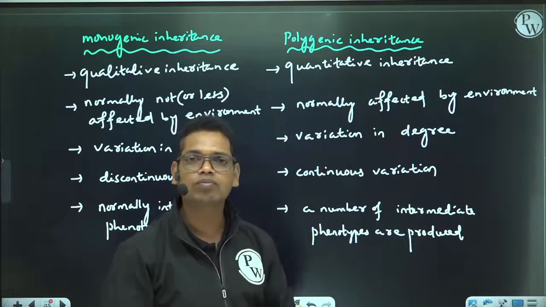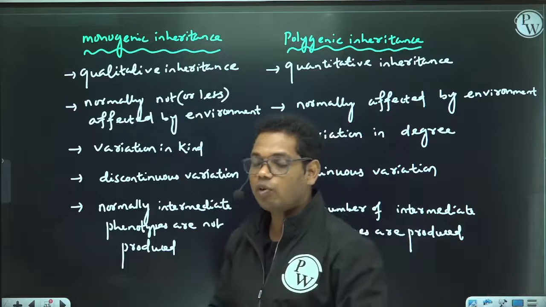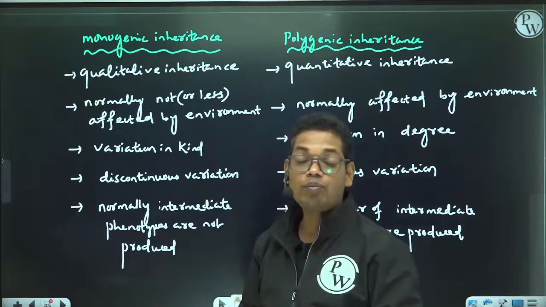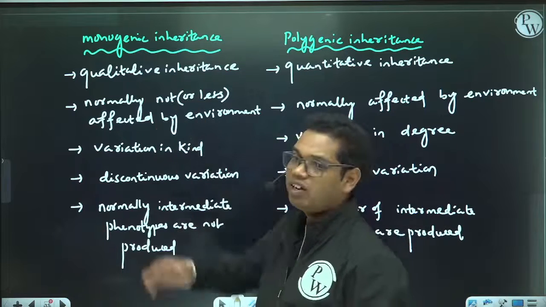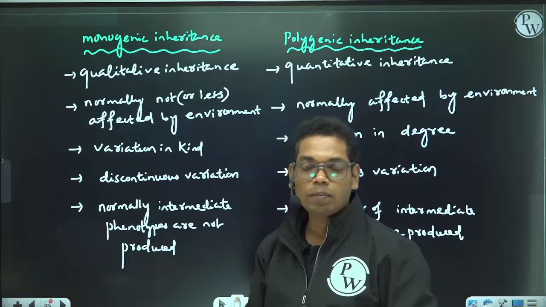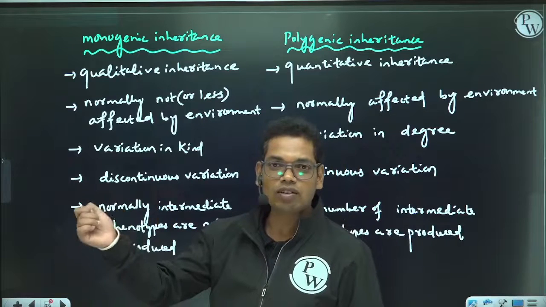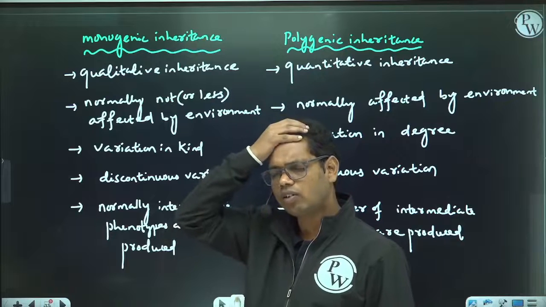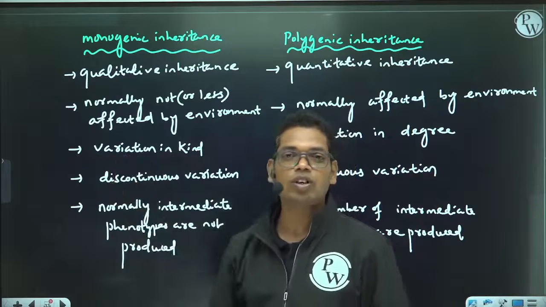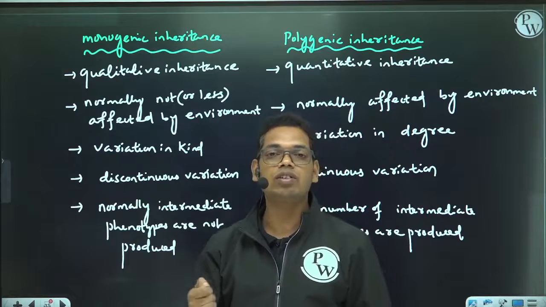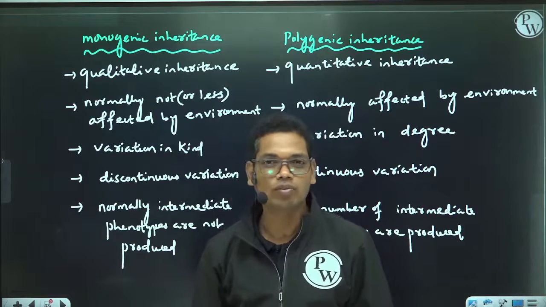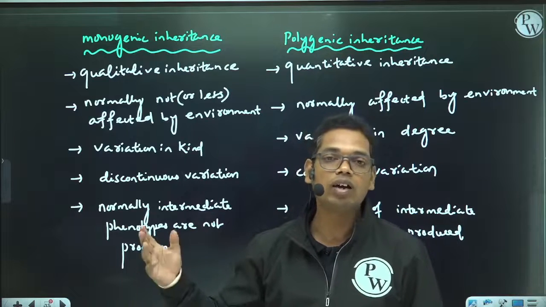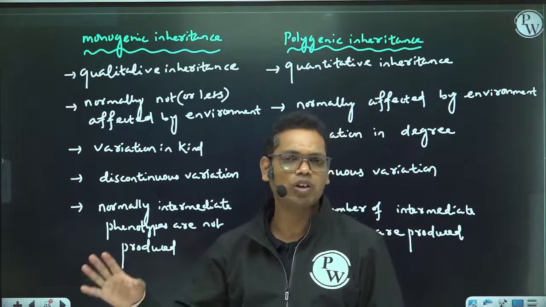For example, let me explain with the help of one example. If I take the flower color of pea plant, that shows monogenic inheritance. So the flower color of pea plant in Rajasthan will be identical to the flower color in Odisha or Andhra Pradesh. So the flower color is not dependent on the environment, it is completely dependent on the genotype.